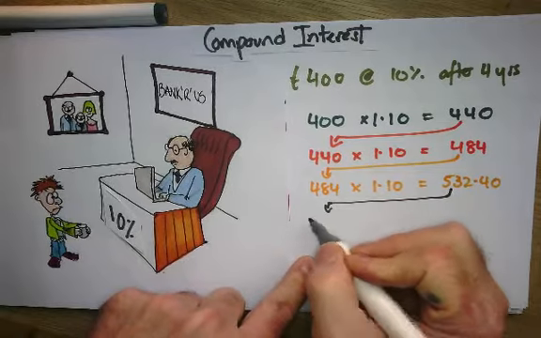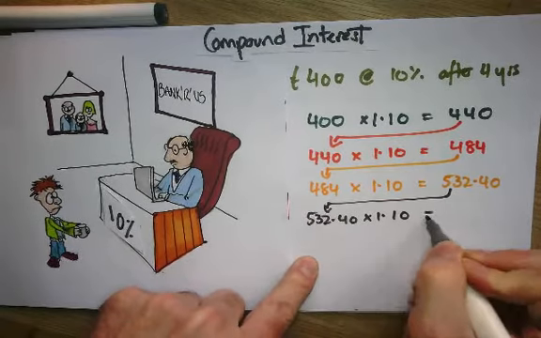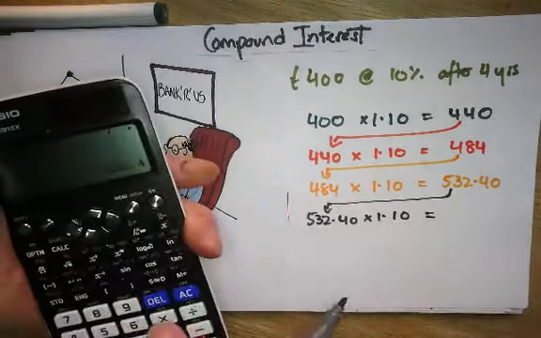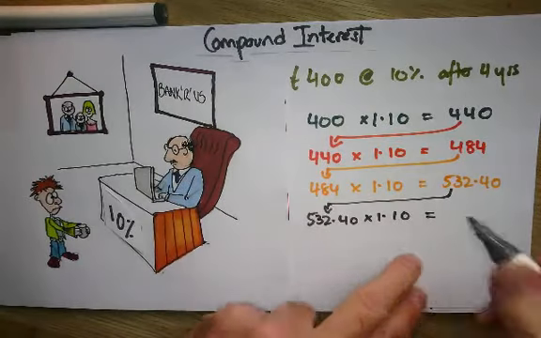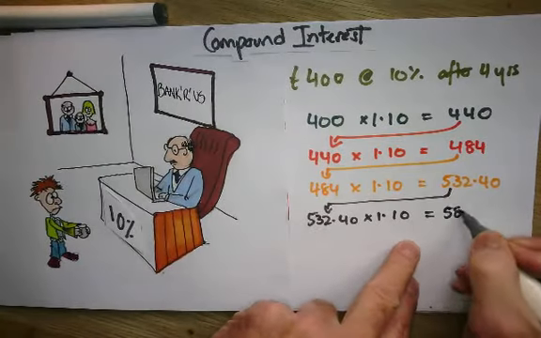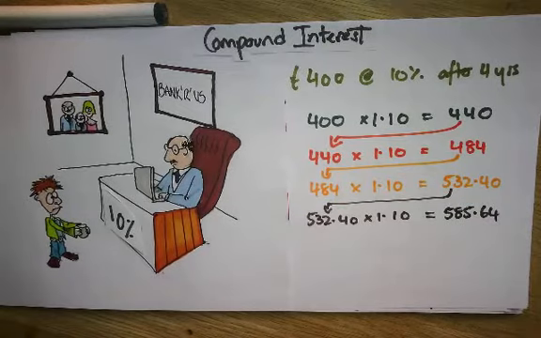Now you should be asking, is there a quicker way to do this? And yes, there is. So let's just get to this amount, £555.64, and I'll show you. Now, is there a quicker way? Well, yes.